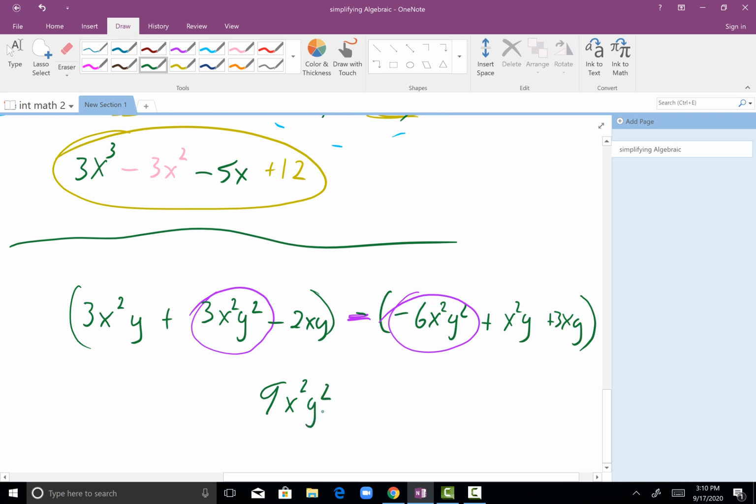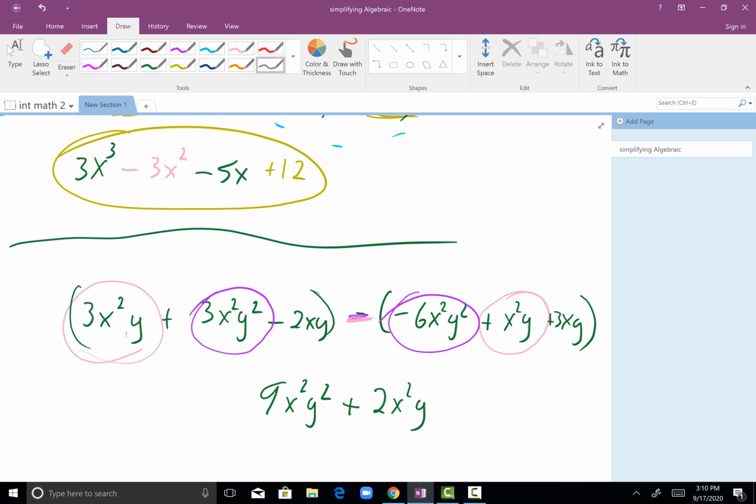Then I got 3x squared y and 1x squared y, but we're subtracting that, right? So 3 minus 1 gives me 2, so 2x squared y. There's our combined like terms.